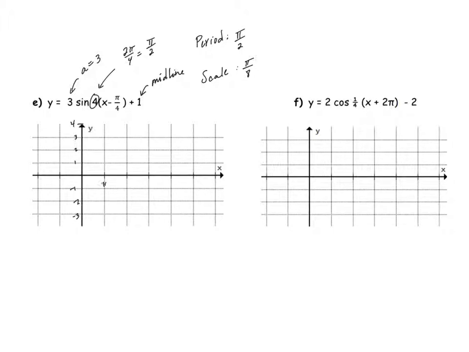So if we make this pi over 8, pi over 4, 3 pi over 8, pi over 2, and, sorry, doing math in my head, 1 pi over 8, 2 pi over 8, 3 pi over 8, 4 pi over 8, 5 pi over 8. That's where I am.